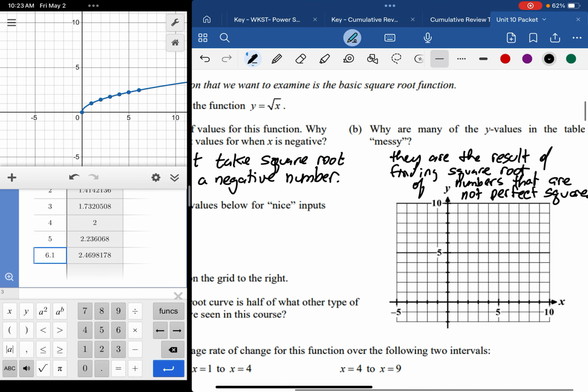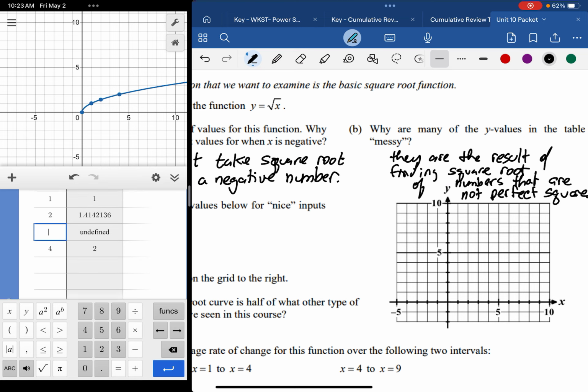All right, now if I wipe out those values, so let me take away that 5, the 3, the 2, and replace them with only perfect squares. So I'll put the 4, next one would be 9, 16. You see that they result in nice, clean y values.